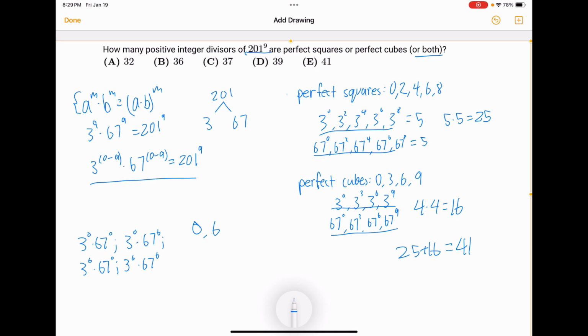As you can see, there are 4 overcounted combinations, so we must subtract 4 from 41, and this would give us 37. So the answer is C, 37.